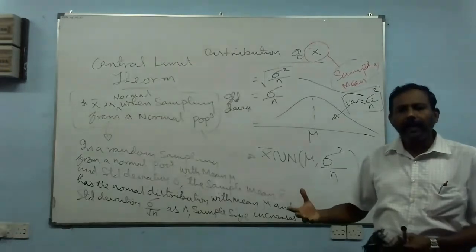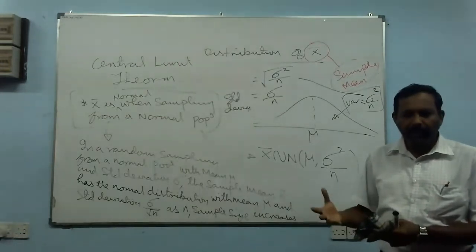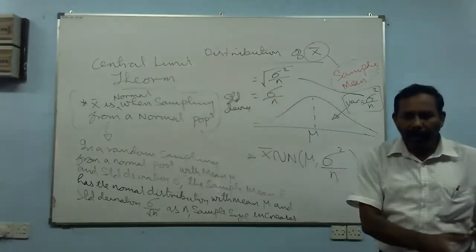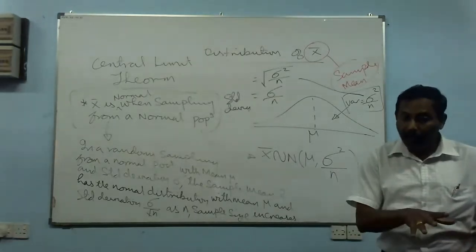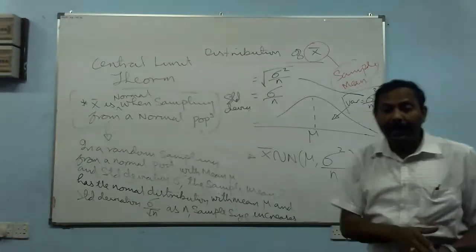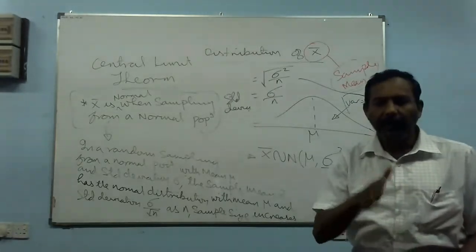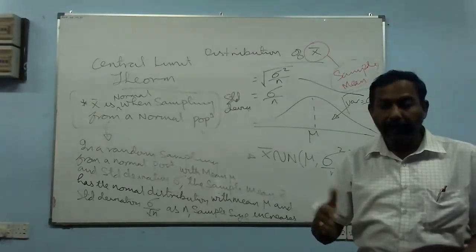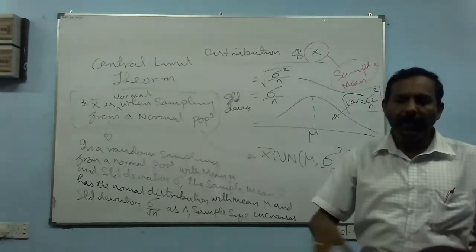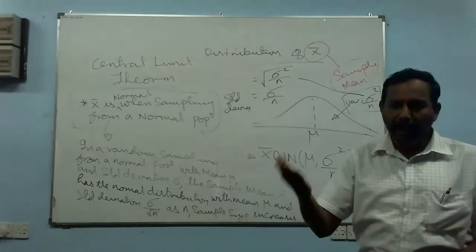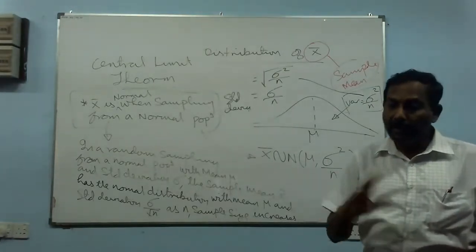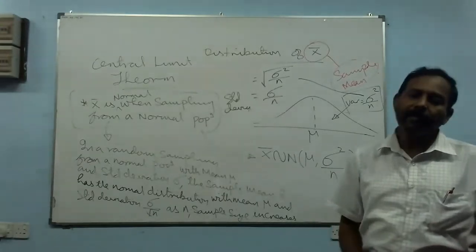Basically what we said is, if the mother distribution is normally distributed, the daughter distribution also will be normally distributed with the same mean, but the variance will be sigma square divided by n. In other terms, the standard deviation will be reduced to sigma by square root of n. Mean will be the same, but standard deviation will be reduced.